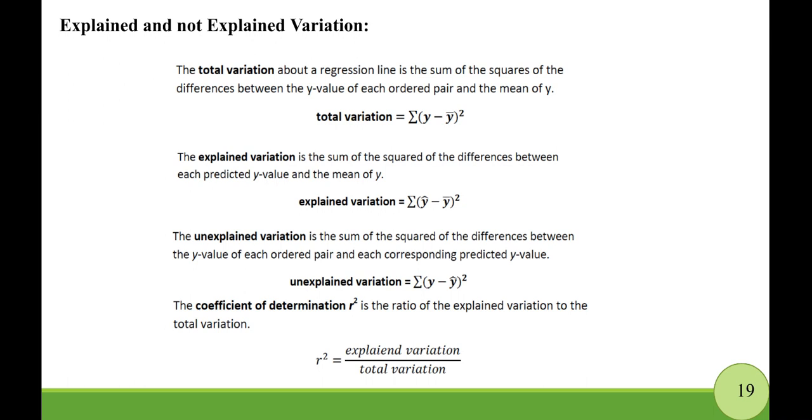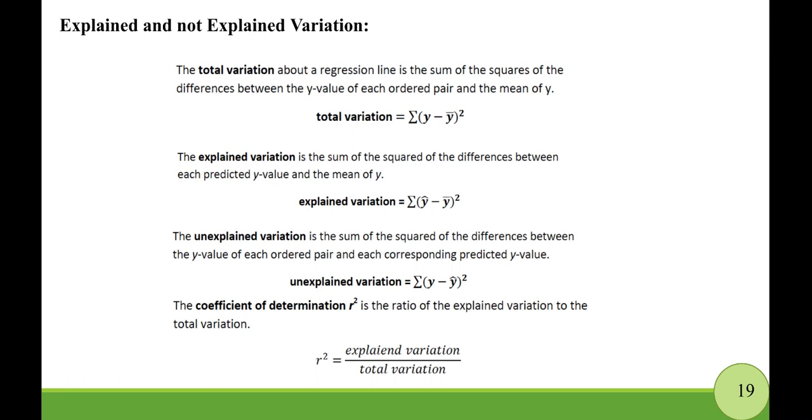In this total variance, some portion is explained variation, and some percent is unexplained variation. For the explained variation, y hat is what the model predicts, and y bar is the average. The difference of those two, summed up over all the data points, gives us the explained variation. The unexplained variation is when we take the actual value and the predicted one.